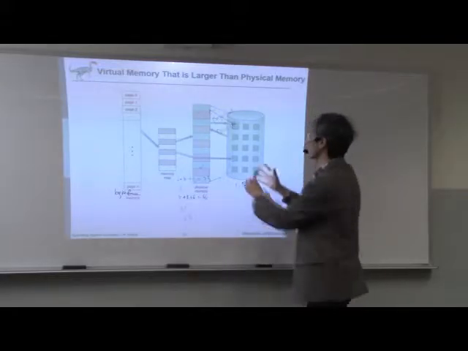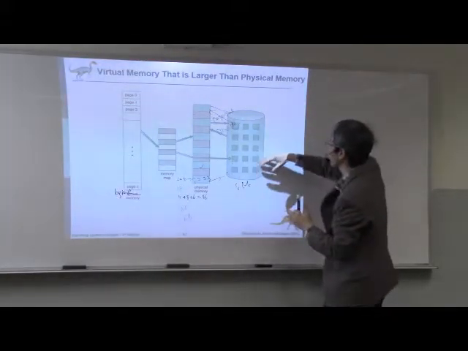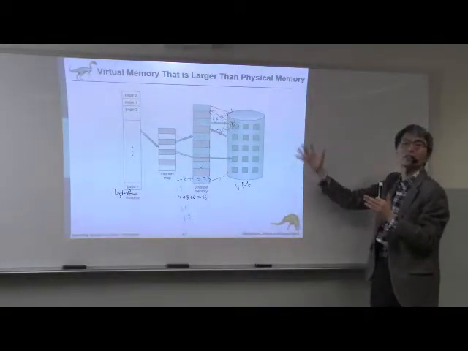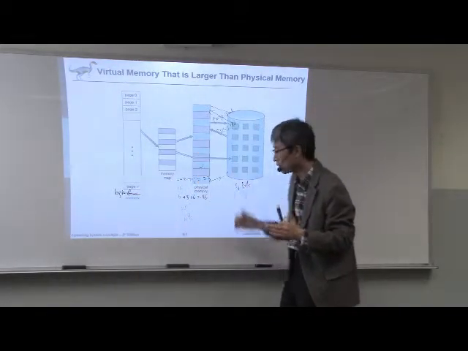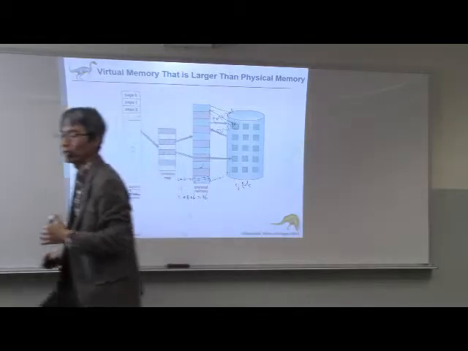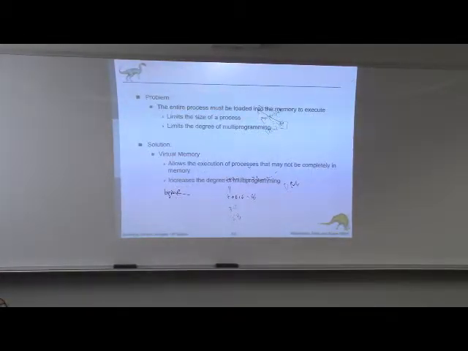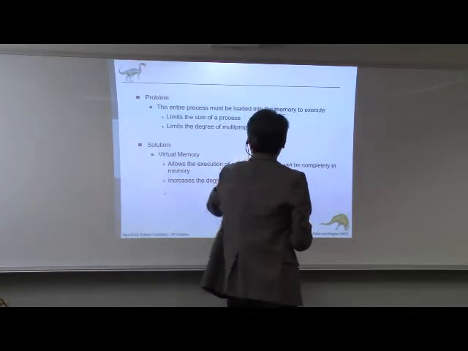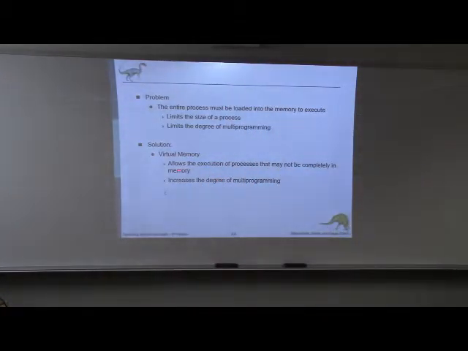Because of that, even though you have a bigger virtual memory, at a certain point the performance will not increase linearly, but it helps to reduce the overhead of using the file system. That is the idea of using virtual memory for the physical memory. So this is the solution. We can use the virtual memory.